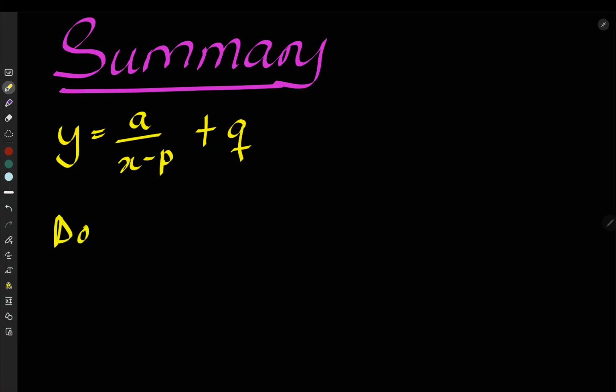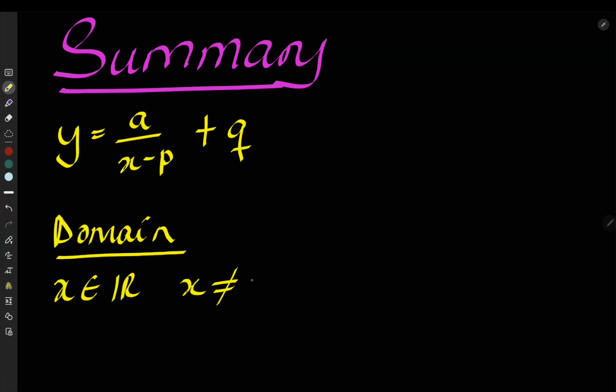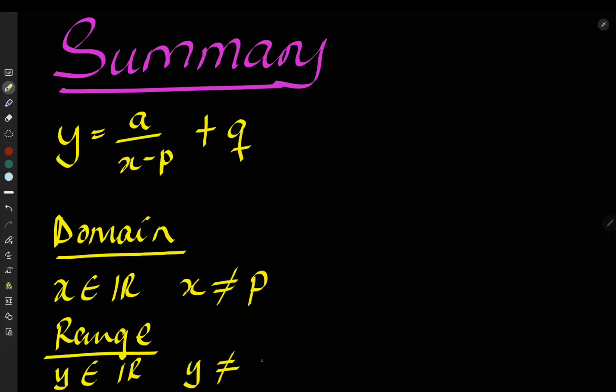Remember we said the domain of the graph of the hyperbola is always x is an element of all real numbers, but x cannot be equal to the vertical asymptote. x cannot be equal to p. And the range of the hyperbola function is y is an element of all real numbers, but y cannot be equal to q. And that's most of the things that you need to know in the hyperbola.